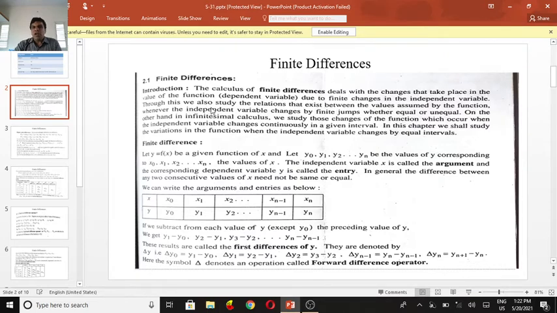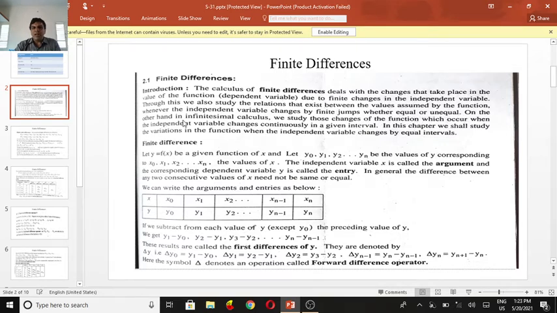Through this, we also study the relations that exist between the values assumed by the function whenever the independent variable changes by finite jumps, whether equal or unequal.